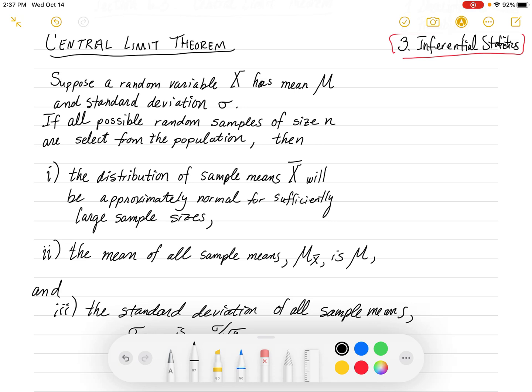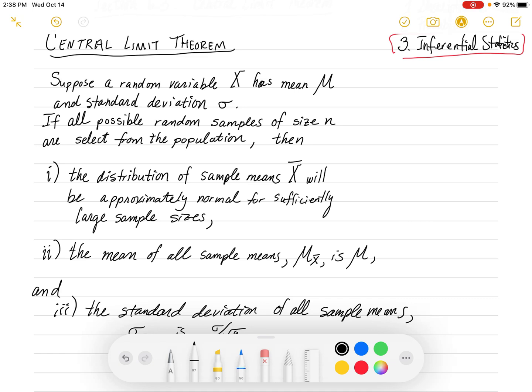The distribution of the sample means is going to be much, much more normal. And if we took samples of size 1,000, n equals 1,000, the distribution is going to look extremely normal. So the bigger the sample you take, the more normal looking your sample means distribution will look. So number one, you have an approximately normal distribution of sample means.